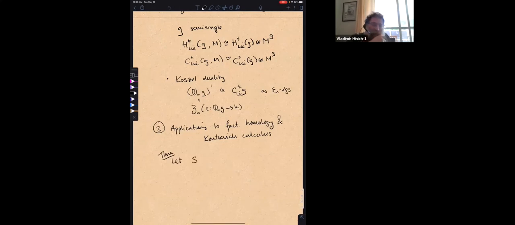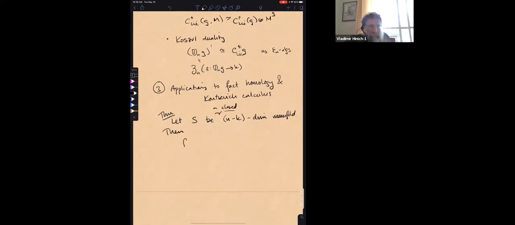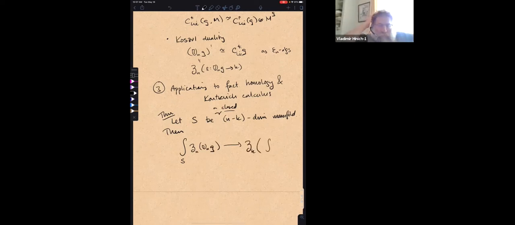Let's say that you have a codimension k manifold, so an n minus k dimensional manifold, and I want it to be closed, without any boundary. Then there's a canonical map from the factorization homology over that n minus k manifold of the center to the E_k center of the factorization homology.